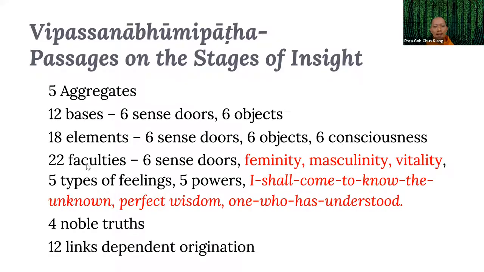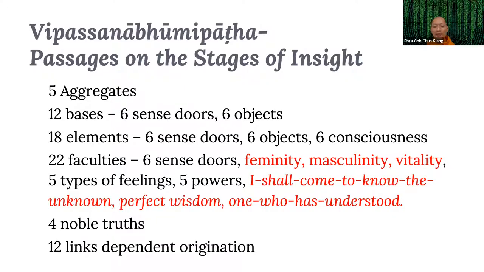And there's this thing called 22 faculties. And these 6 sense doors, you have to know this great stuff. 5 types of feelings, basically pleasant, unpleasant, neutral, internal and external kinds of feelings. So these are the 5 powers, basically 5 kinds of criteria, 5 kinds of conditions which make you conducive to practice.